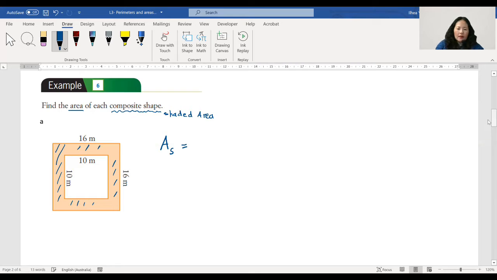If you think about it, the outside is actually a square, guys, because all 4 sides are equal. I'm going to call this area 1. And then the inside, smaller one, I'm going to call area 2. Both of them are squares. How do I know it's a square? Because all 4 sides are equal.